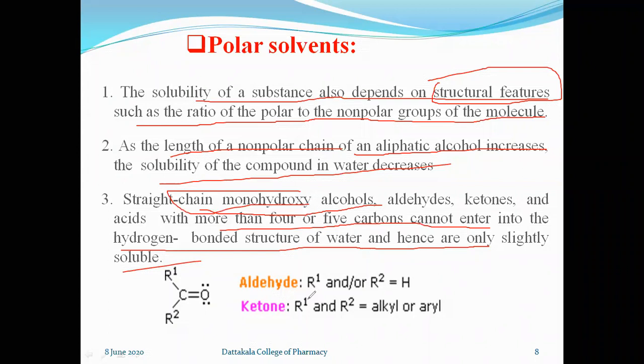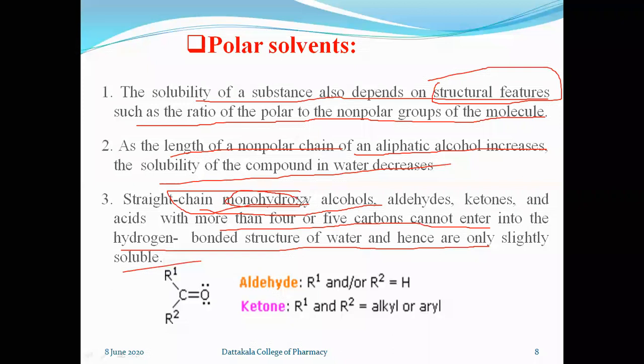That is methanol, ethanol, in which the number of carbons present is just 1 or 2. As we move towards propanol, butanol, hexanol, octanol, what will happen? The hydroxy group will remain the same, it remains monohydroxy, but the number of carbon atoms, the length of the carbon chain, is more.